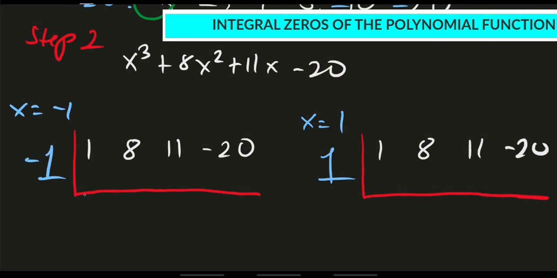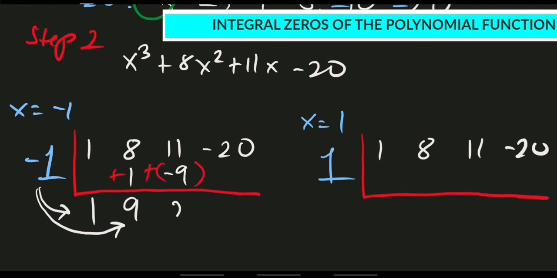So same procedure, bring down the first number, multiply. 1 times negative 1 is negative 1, and then add. 8 plus negative 1, that is 7. Okay, so it will give us 7. 7 times negative 1 is negative 7, and then add again. So 11 plus negative 7, that is equal to positive 4.